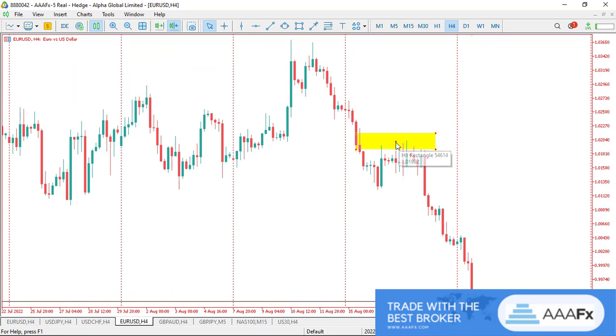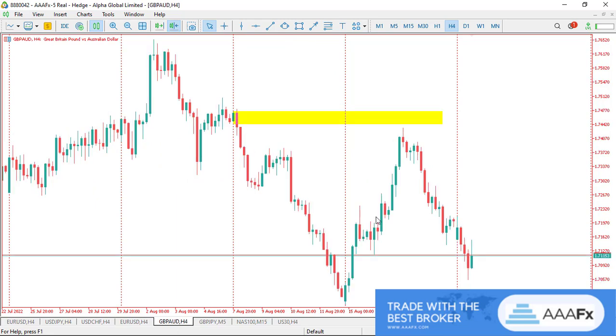So if you look at this, this is Euro USD. We're looking at this zone, and you are looking at price making the move up and dropping from our zone of interest. This was a zone of interest that we were looking for, and as you can see, price did not retest our zone.